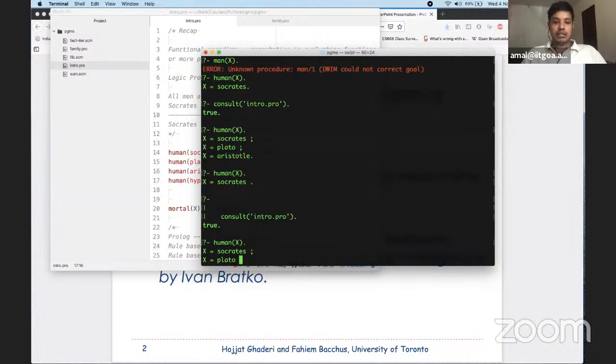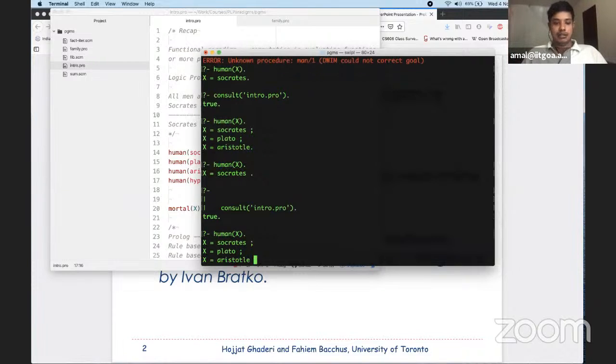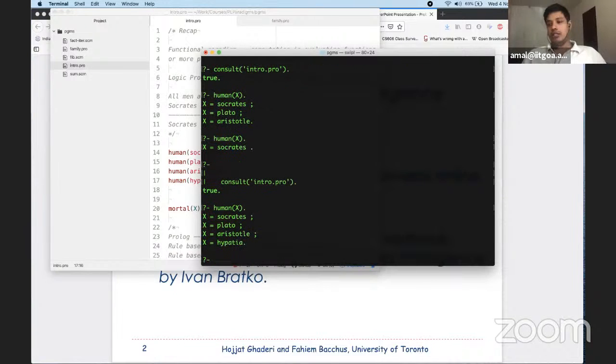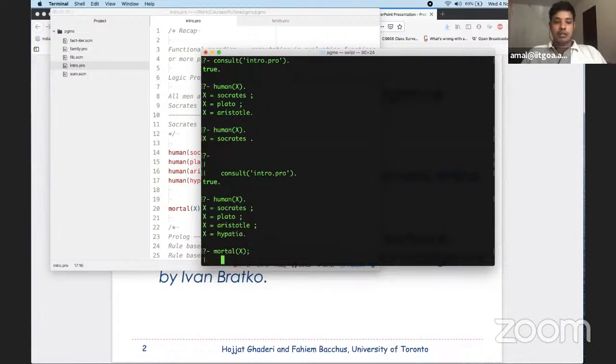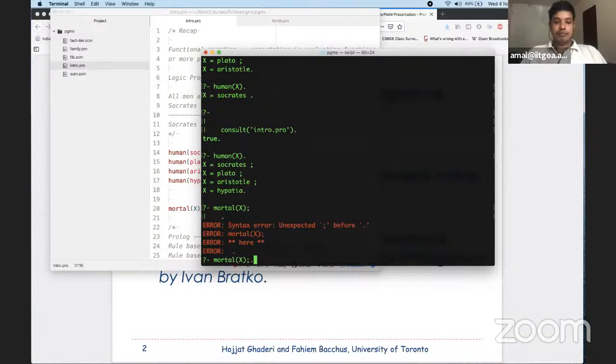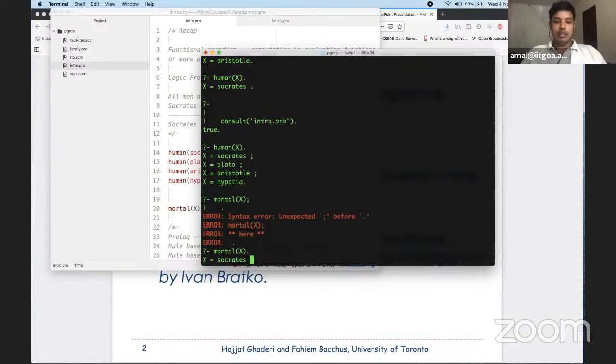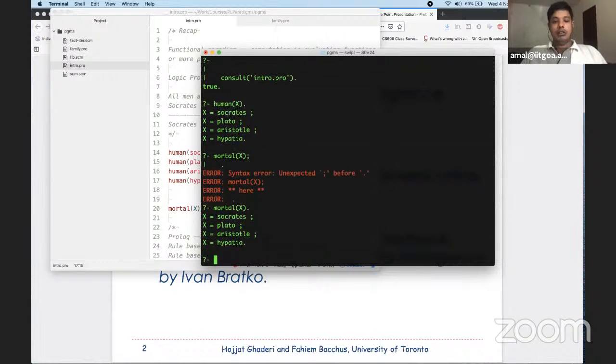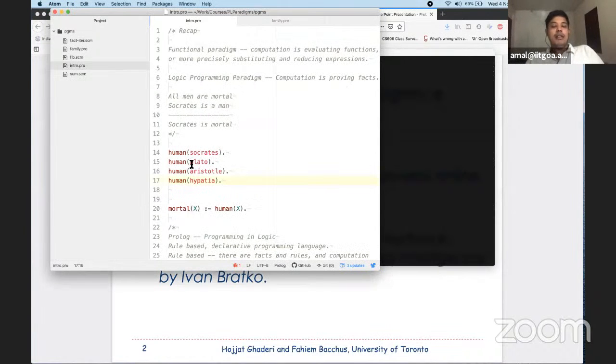I'm pressing semicolon, then it gives me other possible answers, and Hypatia. So we got all humans, and who is a mortal? Mortal of X. All of them are mortals also. Okay, so that's the idea.